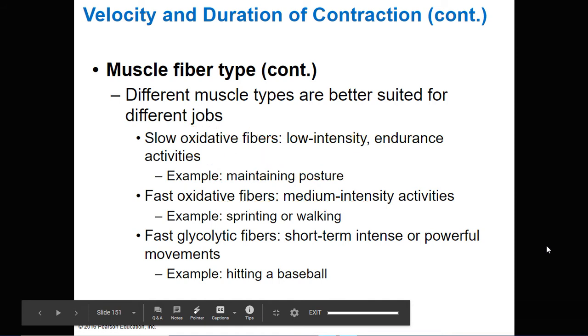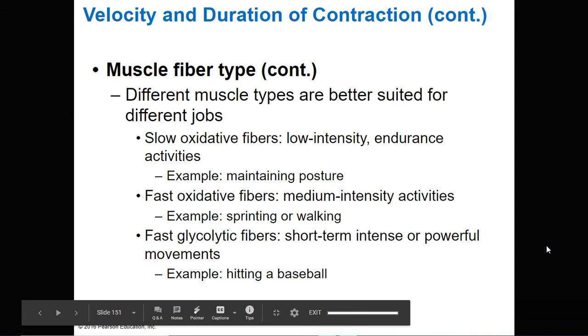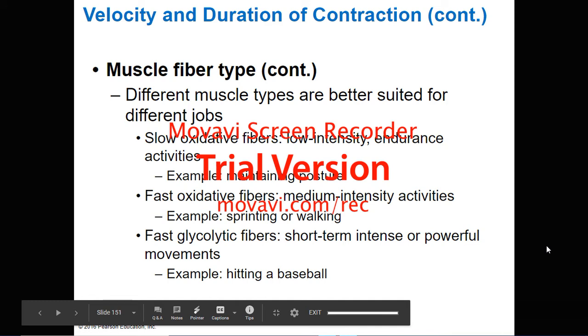Your slow oxidative fibers contract slowly because their myosin ATPase activity is slow. They're oxidative because they depend on oxygen delivery for their aerobic pathways, which is how they generate ATP.